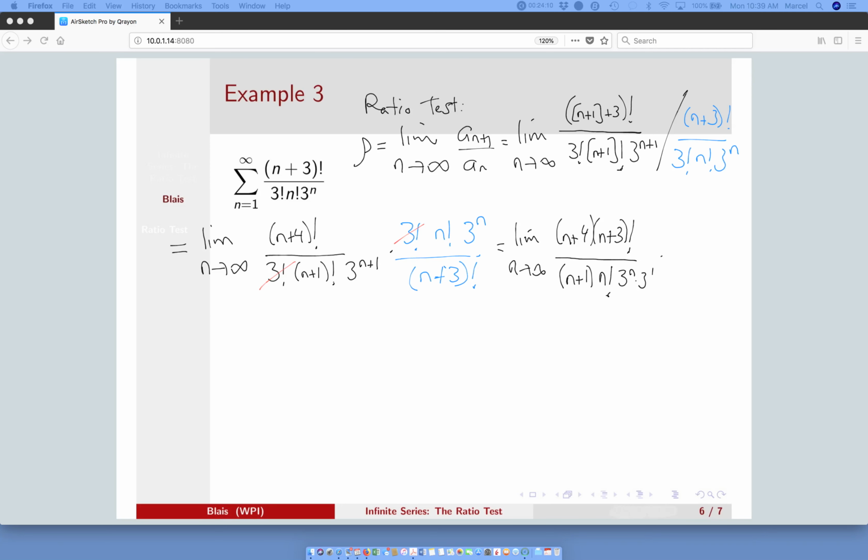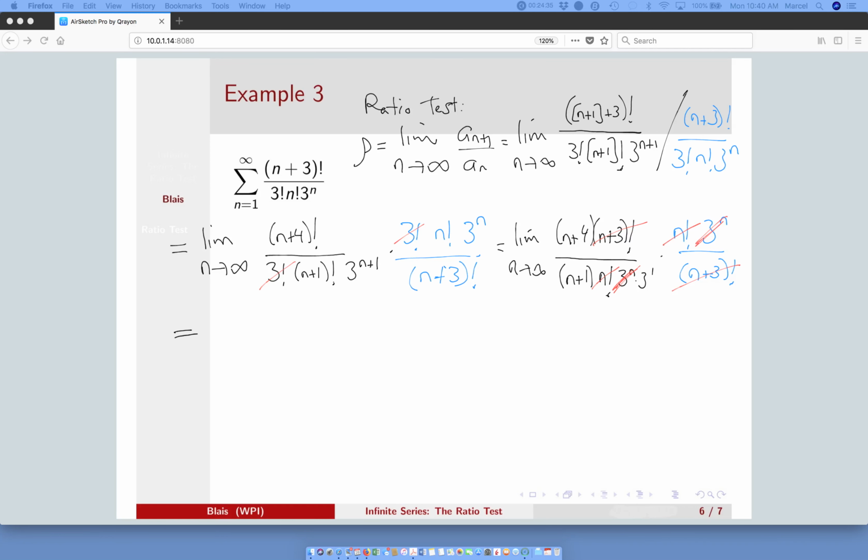Our terms in blue have not changed. We have n factorial 3 to the n over n plus 3 factorial. And now you see a bunch of things cancel. The 3 to the n's go, but also the n plus 3 factorials go, and the n factorials go.